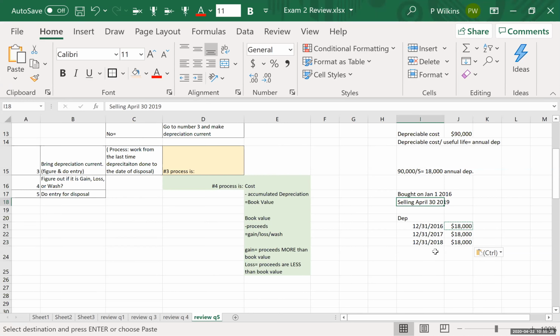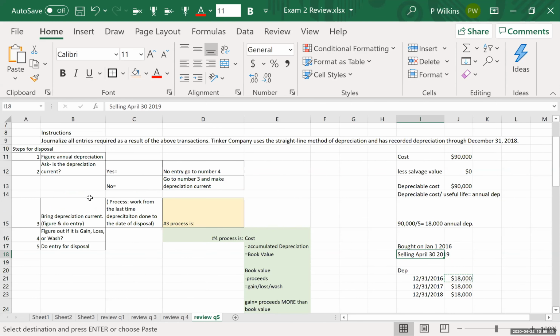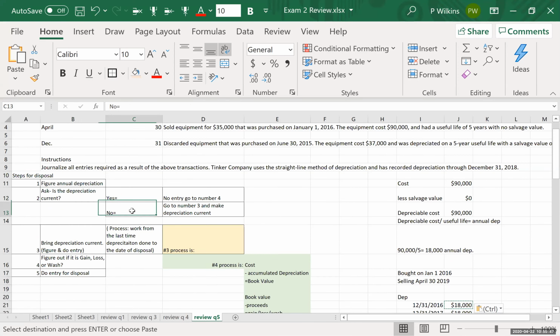We're selling it on April 30th, 2019. Is the depreciation current? No, because there's a gap in time, right? On the calendar, we don't go from December 31, 2018 to April 30th. We have to go through January, February, all that, right? So now we come back up here and ask, is the depreciation current? If it's no, then we have to go to number 3 and make the depreciation current.